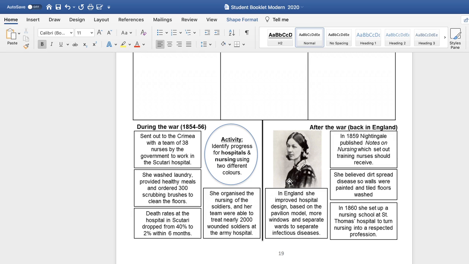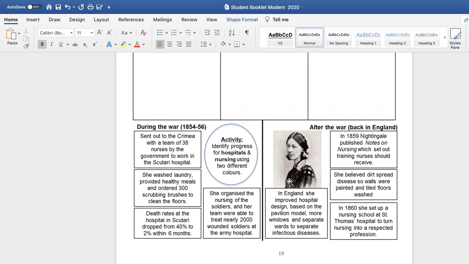She wanted to improve nursing as a profession, and it did. The impact it had was that it made nursing seem like a professional profession.